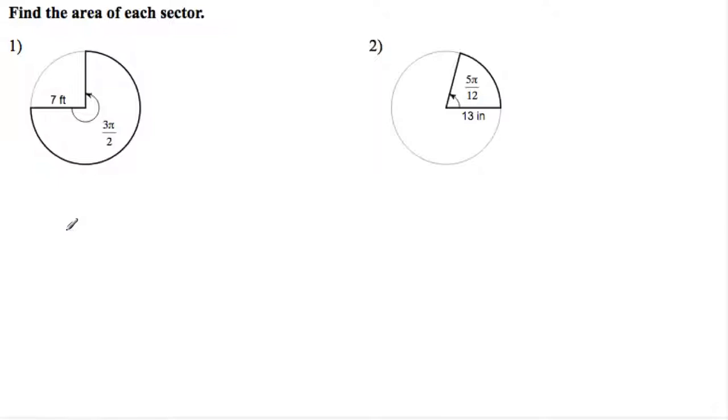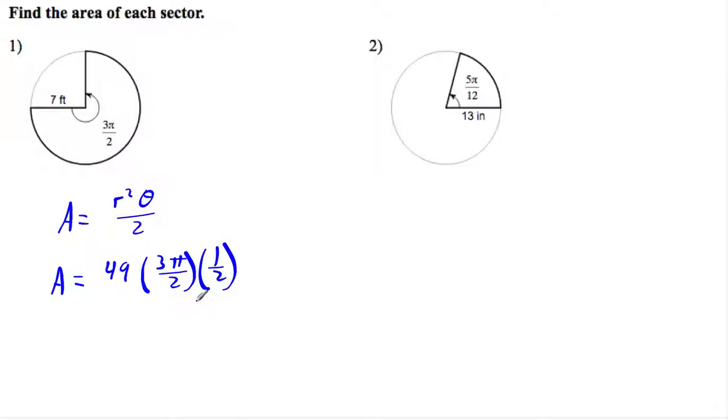So let's look at this again. If the area is equal to r squared theta over 2, the area is equal to r squared, so 7 squared, which is 49, times 3 pi over 2 divided by 2, or just times 1/2, which is going to give us 3 pi over 4 times 49.